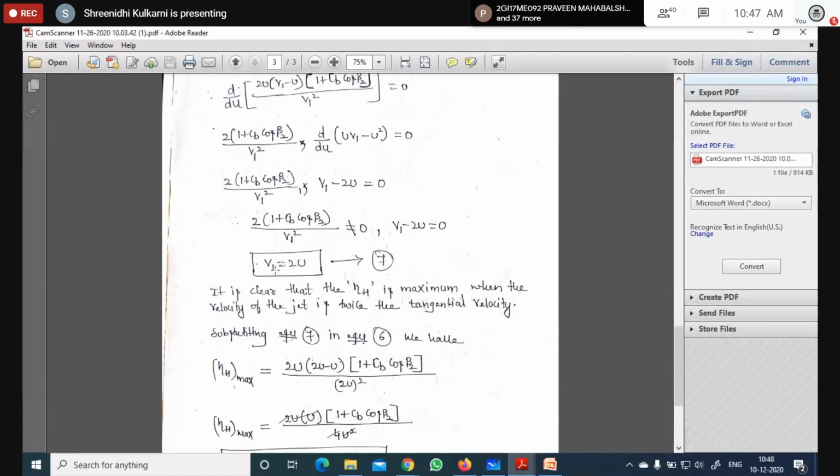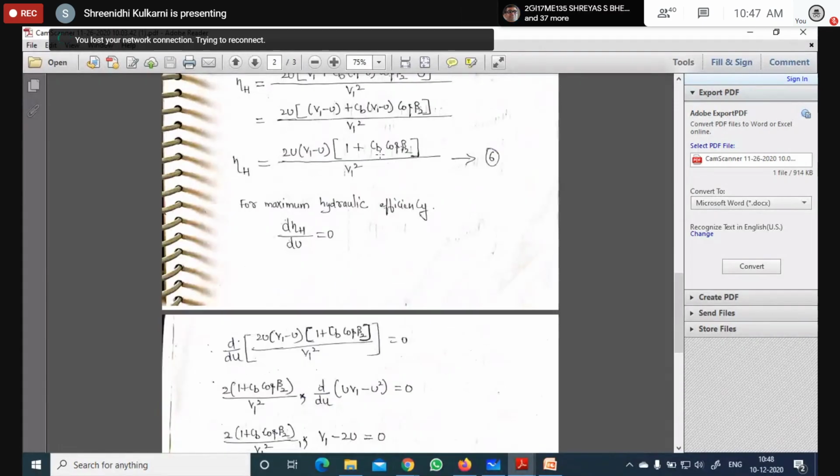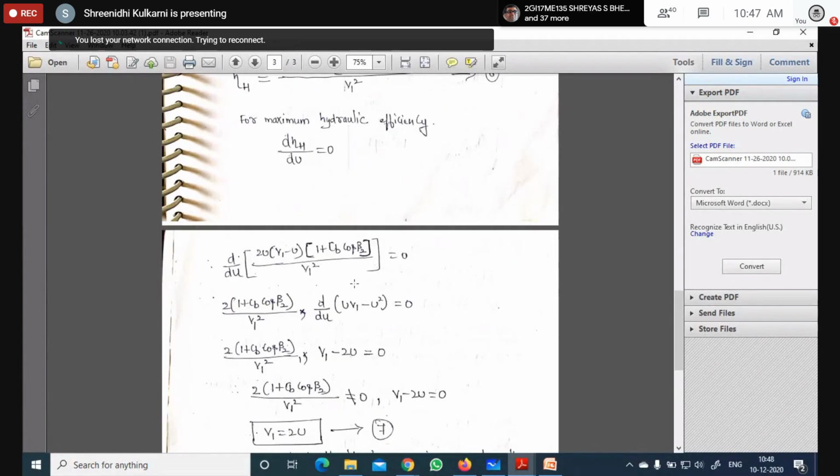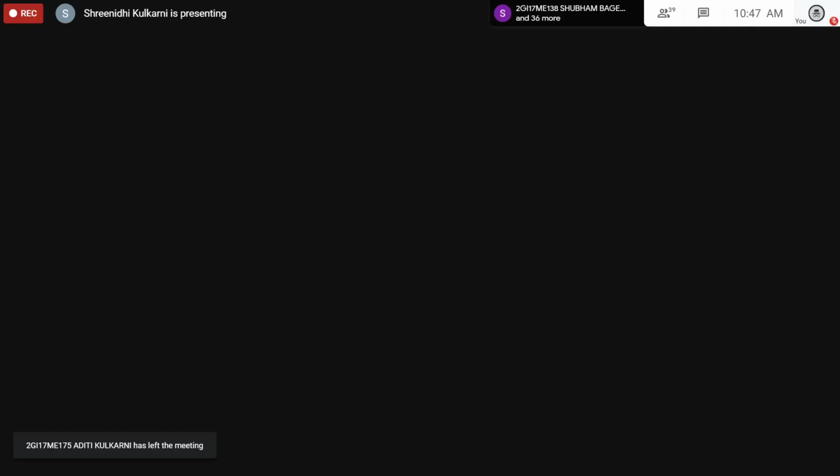Got my point? Yes, sir. So only then do we get the maximum hydraulic efficiency. That's why we substitute this in equation 6.